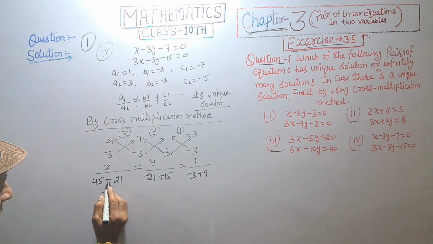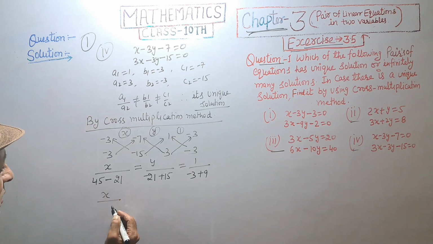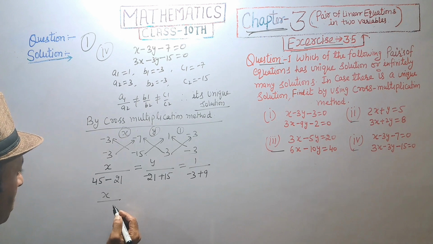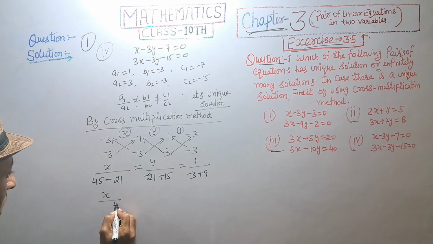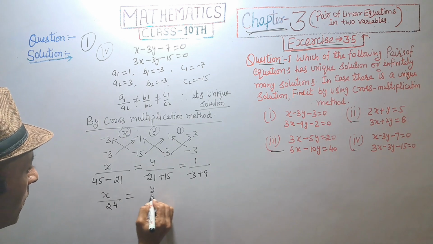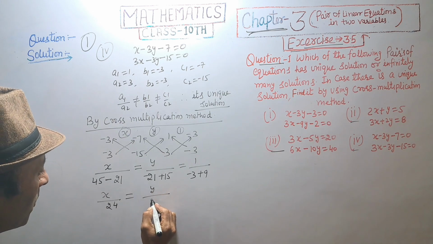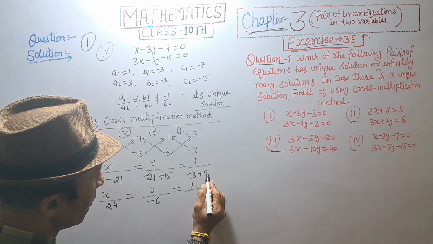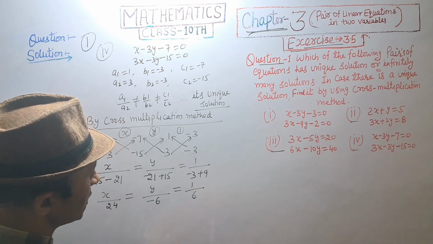X divided by 45 minus 21, that is equal to 24, and y divided by -6, 1 upon 9 minus 3 equal to positive 6.